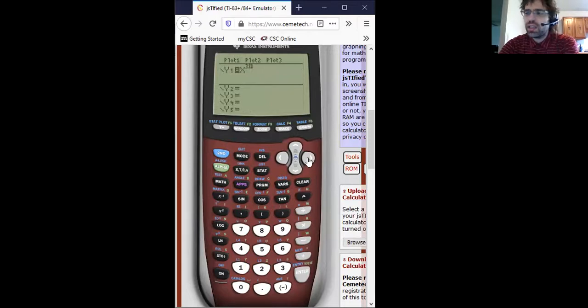Start by taking a look at this: x to the third plus 7x squared plus 12x plus 4. We see 3 roots.